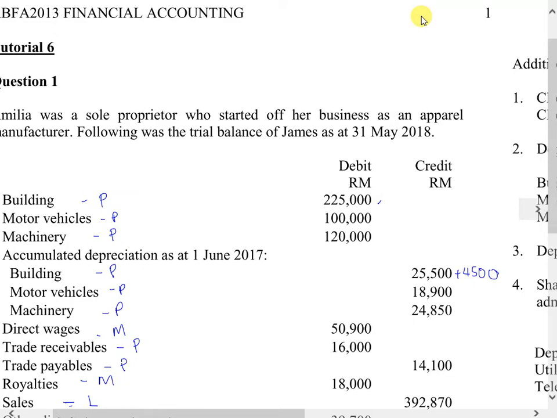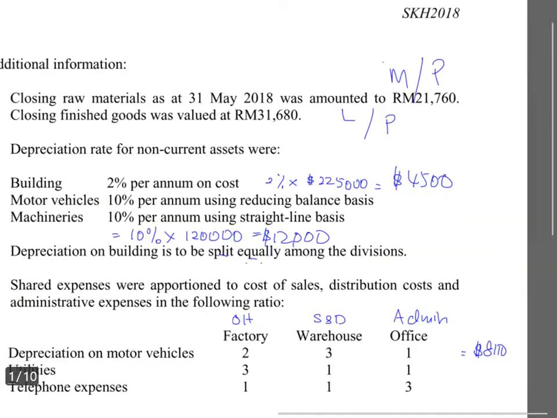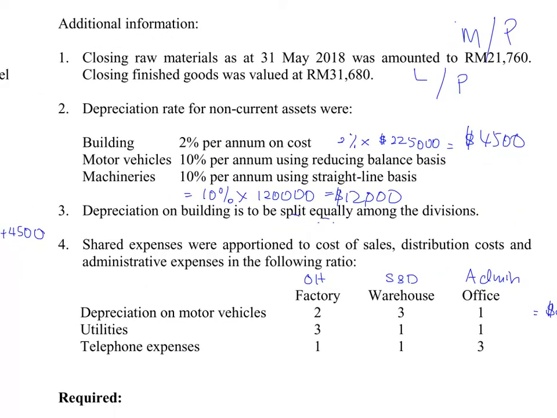Now, building cost. Should I put it in production overhead here, or should I put it in admin or distribution? Building. In this question, can you look at note 3? Depreciation of building is to be split equally among the divisions.